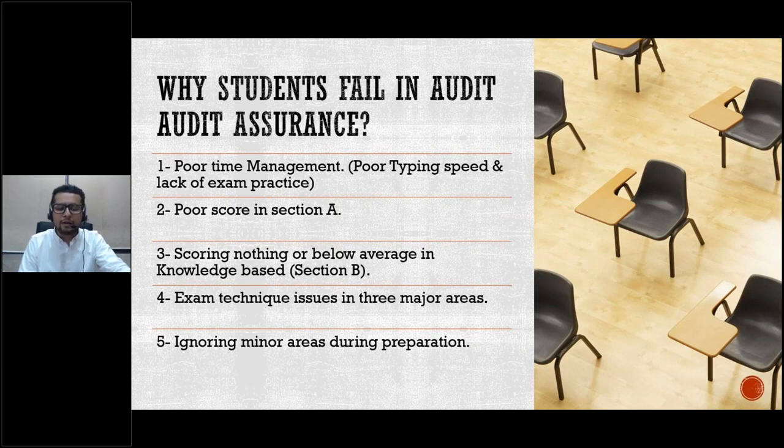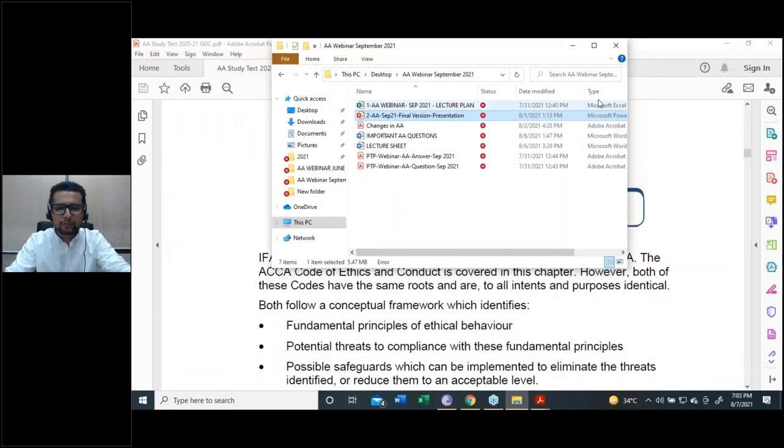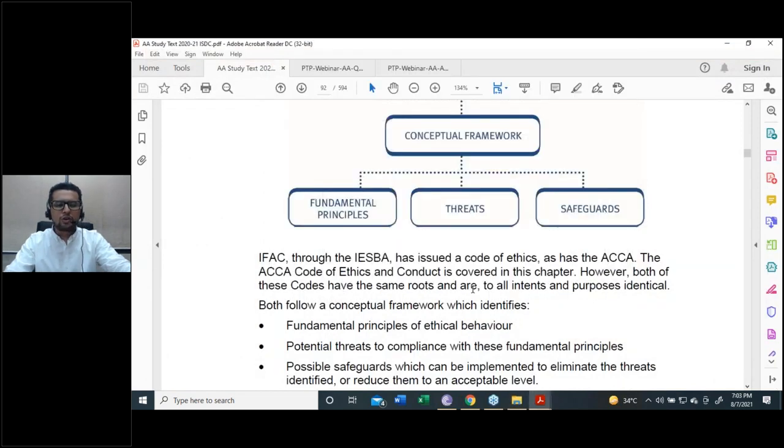So we need to cover minor areas, and to make sure that we end up among the successful students for the September 2021 exam, let's go straight to the first minor area of the day.